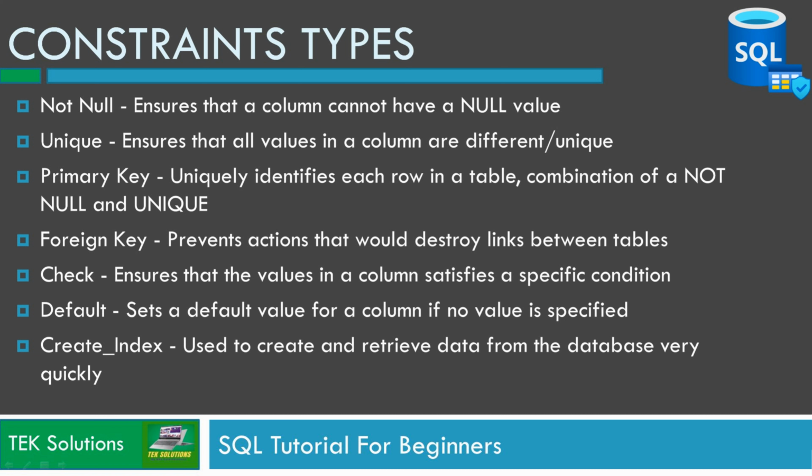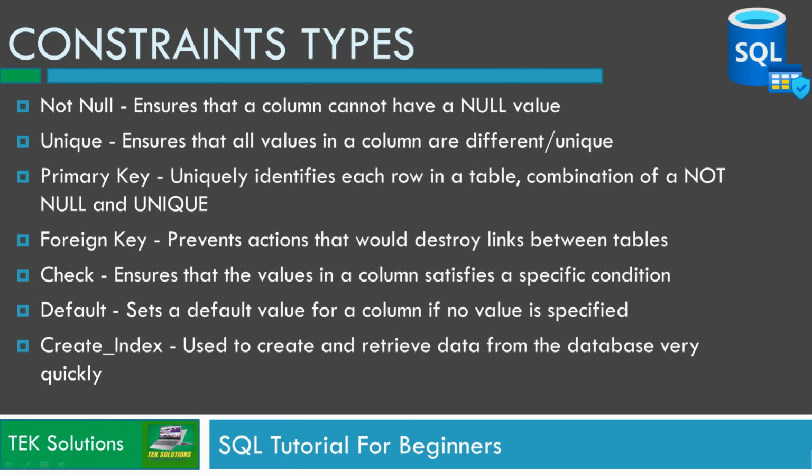Check. Ensures that the values in the column satisfy a specific condition. That's a check constraint. Default constraint. This sets a default value for a column if no value is specified. And create index. This is used to create and retrieve data from the database very quickly. So these are the different constraint types we have in SQL.